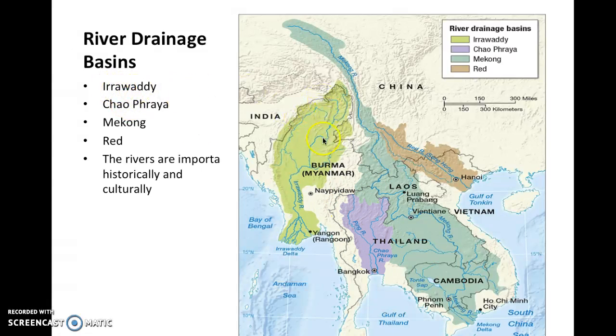The Irrawaddy drains Burma, this region up in here. And the Mekong, which is the largest, comes way up here out of Tibet and flows down all the way through Southeast Asia. It's the major river. The rivers are important historically and culturally.